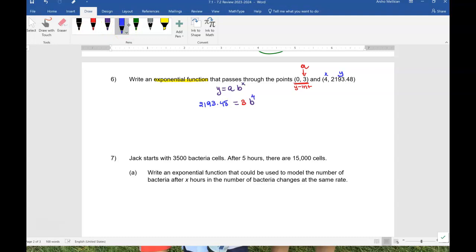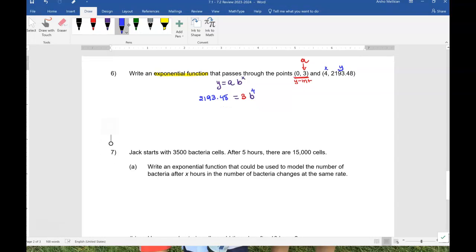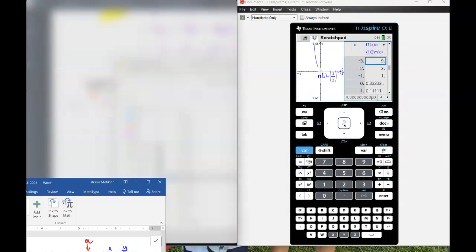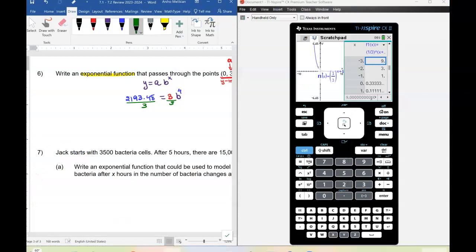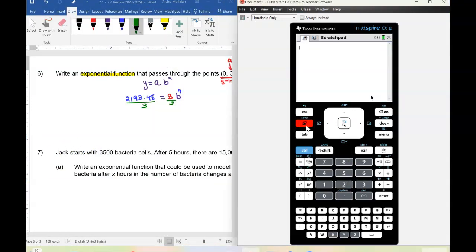Okay. All right. So now let's solve this for b. First thing, we're going to divide both sides by 3. Okay. So go ahead and plug this in.